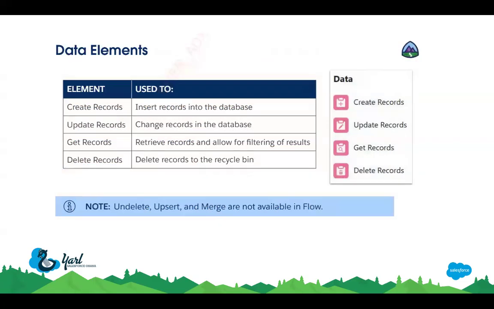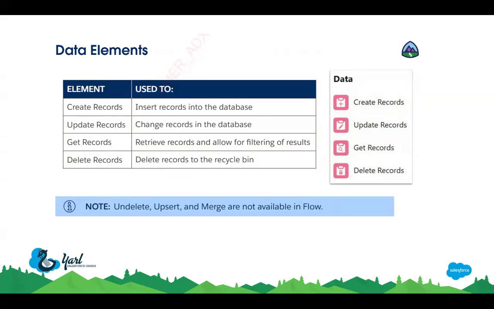So mainly in flow, you have four main DML actions. First, create records. That is the action in flow. So these are the four actions that you will be seeing in flow, and that is the icon of those actions as well. You can use create records, update records, get records, and delete records.